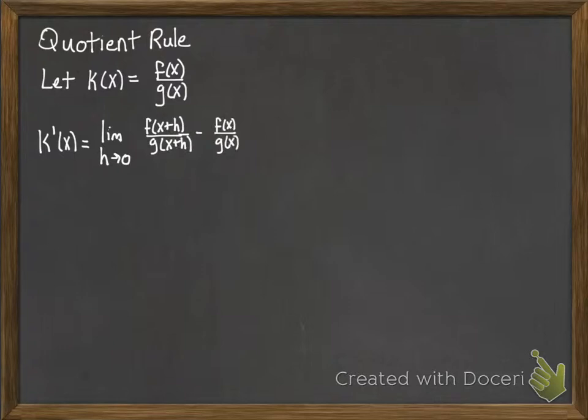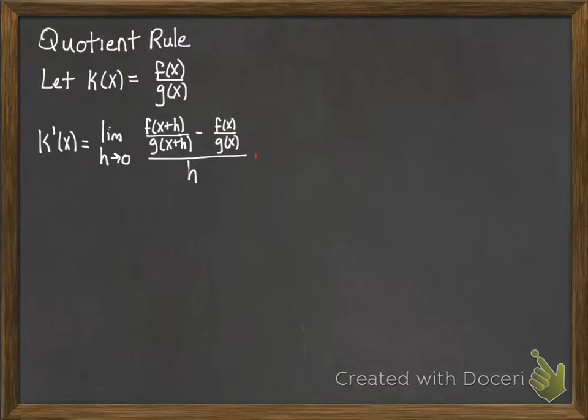So we begin with our limit definition. k prime of x would be the limit as h goes to 0 of k of x plus h, which would be f of x plus h over g of x plus h, minus f of x over g of x, all that over h. And as we begin to approach this, we say, well, this is a complex fraction. Anytime we have a complex fraction, step one is let's get rid of it.